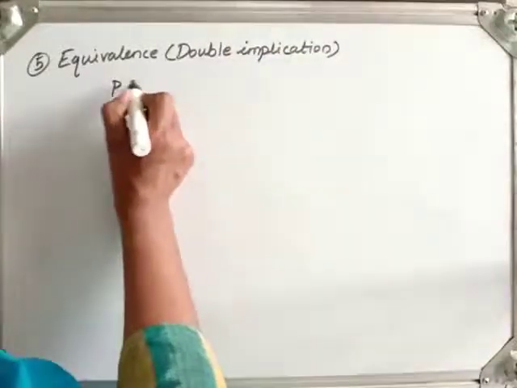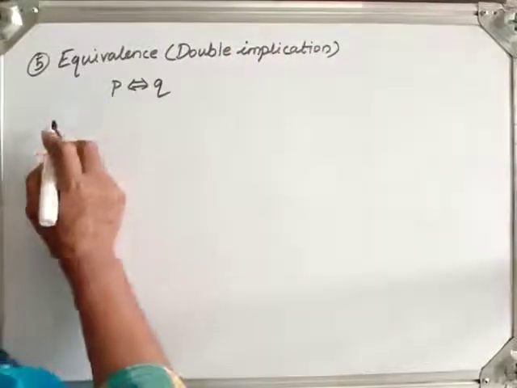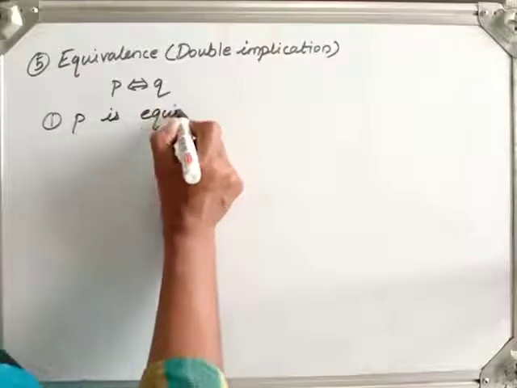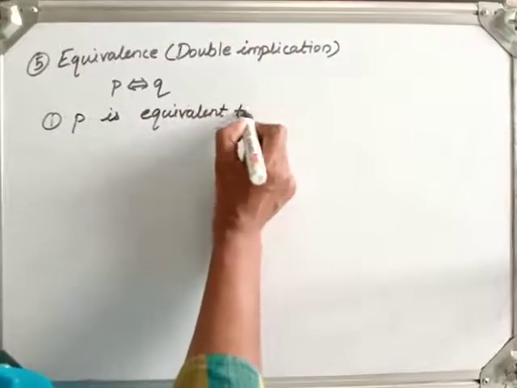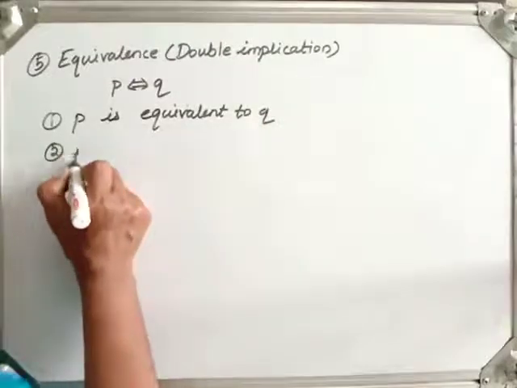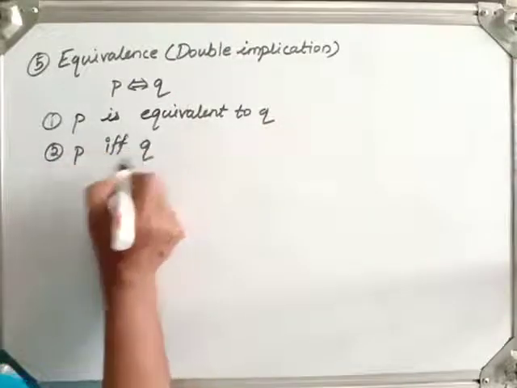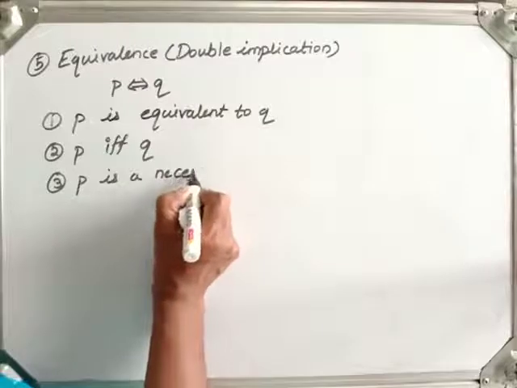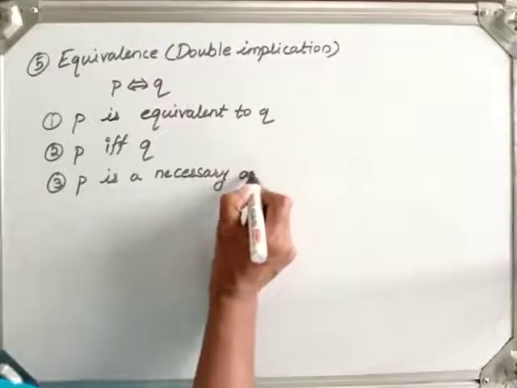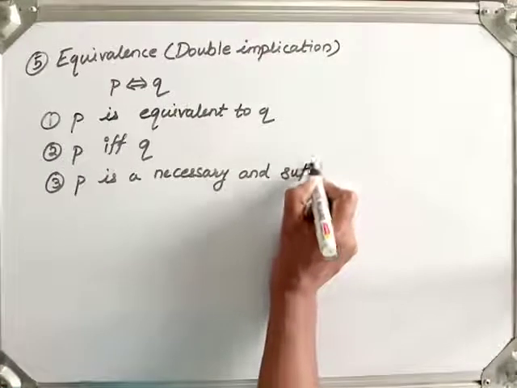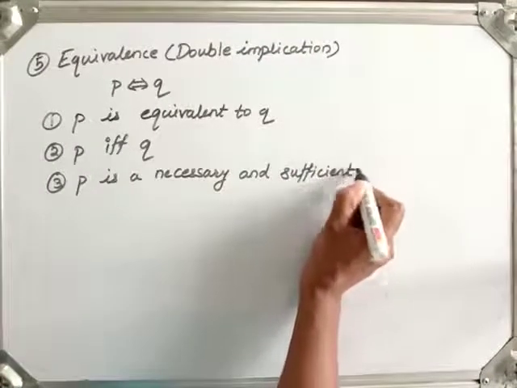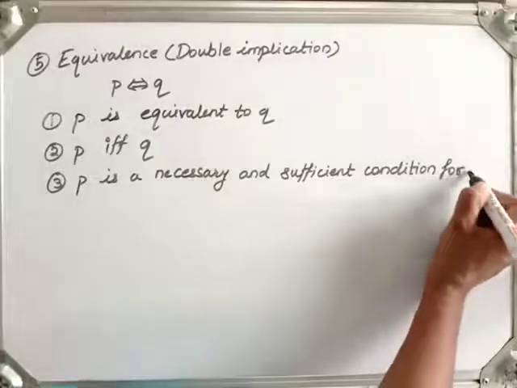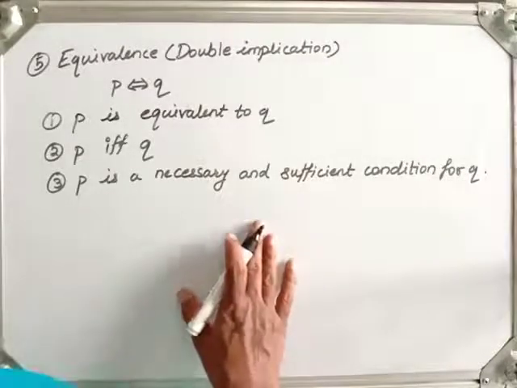It is denoted as P if and only if Q, or it can be read as P is equivalent to Q. Second one, P if and only if Q. Third one, P is a necessary and sufficient condition for Q. These are various ways to read it.